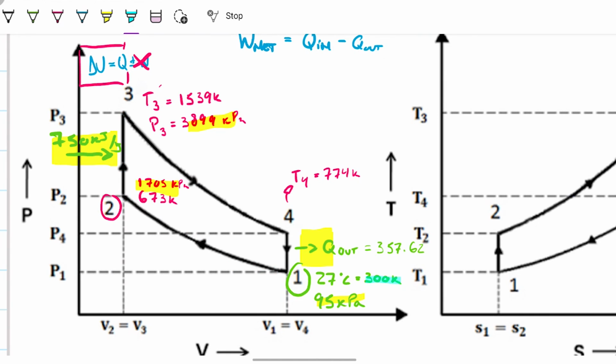So we're going from 300 to 600 to 1500, so it makes sense too. Okay, so these are the things you can check after you've finished to ensure it makes sense. And then finally, this temperature here needs to be greater than the initial one, yet smaller than T3. Okay, so it checks out.